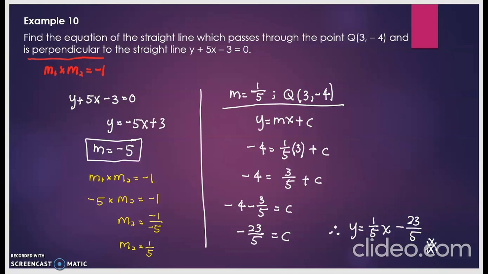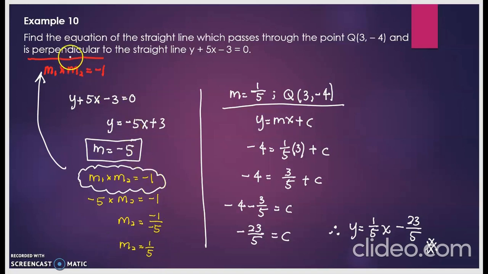So please remember, if the straight line is perpendicular, we have another step that we need to do, by using the formula m1 times m2 is equal to negative 1, to find the gradient that we need.